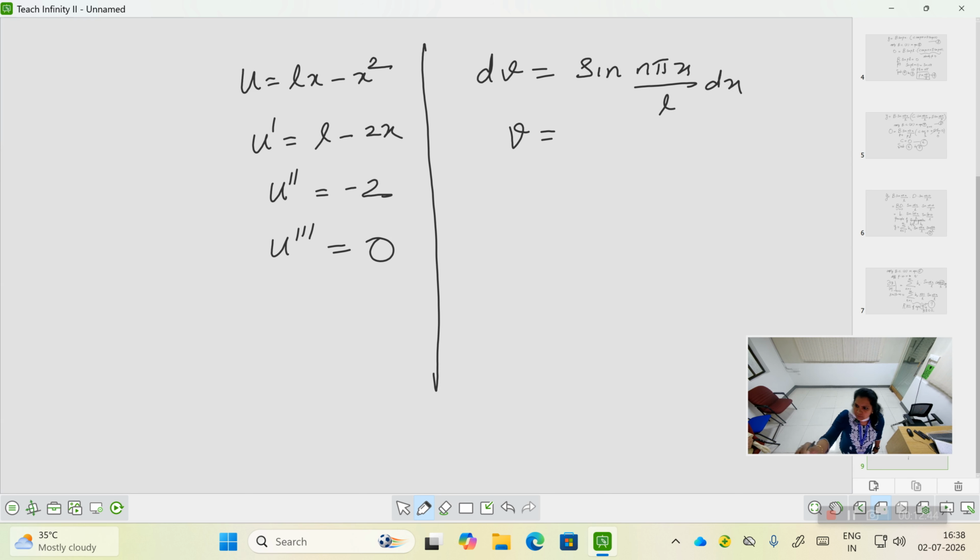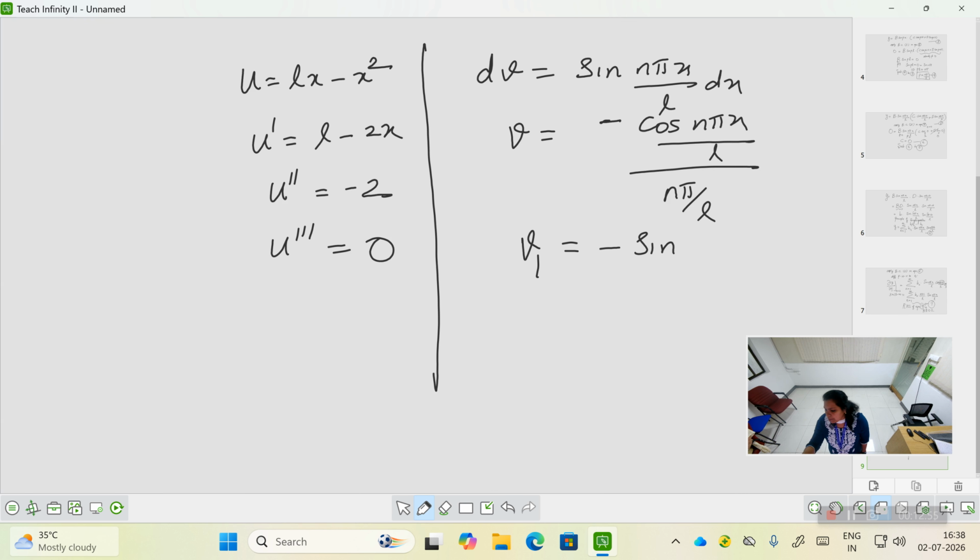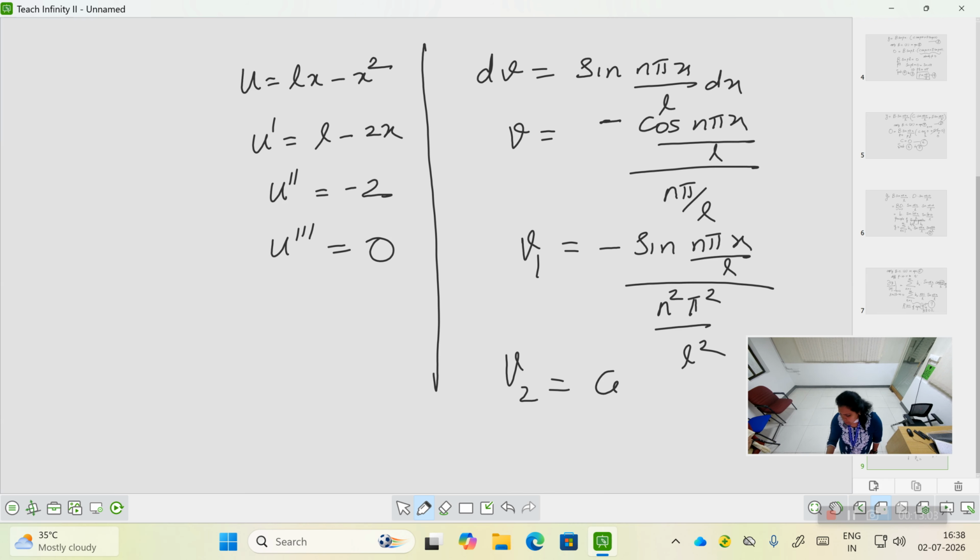Similarly, v is what? What is the integration of sine? Minus cos n pi x by L divided by n pi by L, and v1 is minus sine n pi x by L divided by n square pi square by L square. Similarly, v2 is cosine n pi x by L divided by n cube pi cube by L cube.